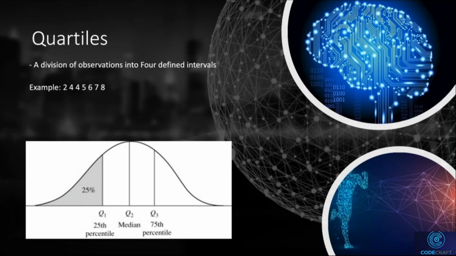It is a division of observations into 4 defined points. You have the Q1, the Q2, the Q3, and as you can see right here we have a graph of quartiles. The Q1 would be the 25th percentile. The Q2 is basically the median, the center. And finally, the Q3 would be the 75th percentile.